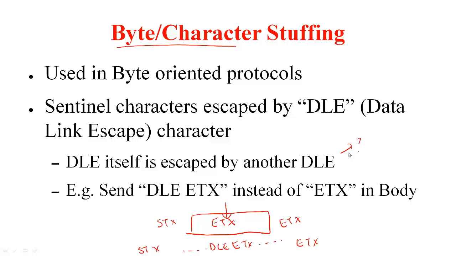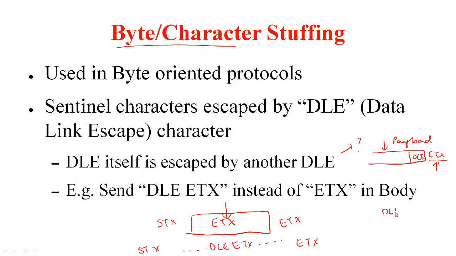Why do you think this is done? So if this DLE character appears at the end of the payload, there will be a problem. As you can see, you would think that this DLE is escaping the ETX, which indeed is the end of the frame, which is not the case. So you need to escape this DLE with another DLE. So here is what happens.